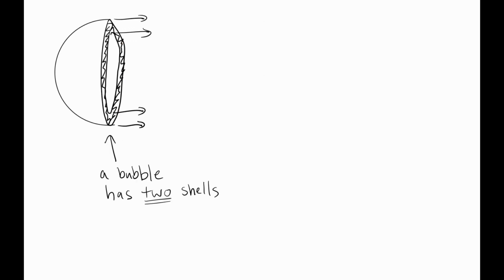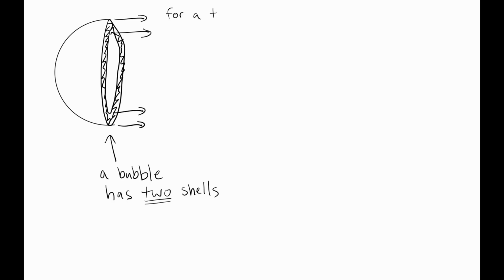We can do the same sort of equilibrium balance for a bubble. The difference between a bubble and a droplet is that a bubble has a very thin shell of liquid, and then inside that liquid there's another vapor. So there's twice as many surfaces in a thin bubble.